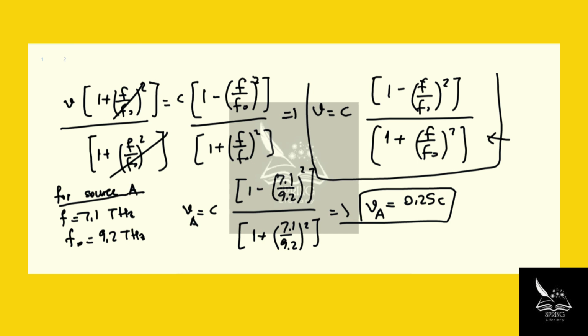Now I'm going to apply this formula to the other sources as well. Then let's go to the next page. For source B, f equals 5.4 terahertz, and f naught is 8.6 terahertz. Then in our equation, V_B equals c. Again, I'm not going to rewrite the equation.